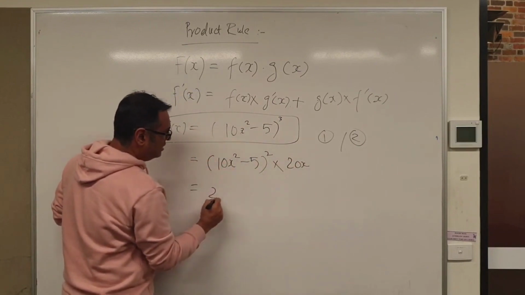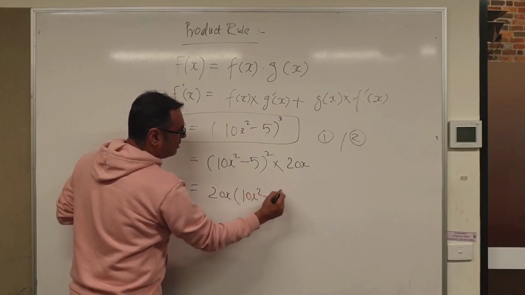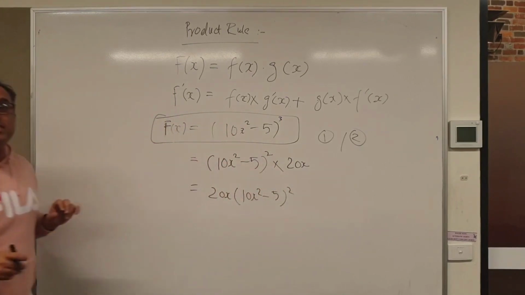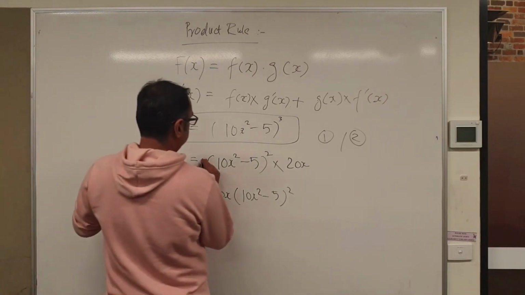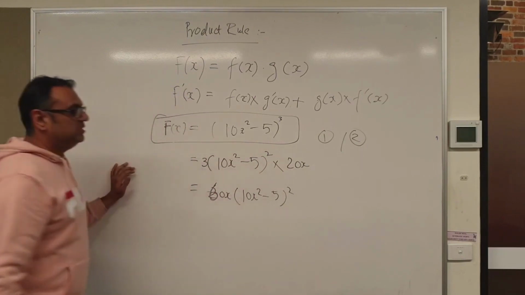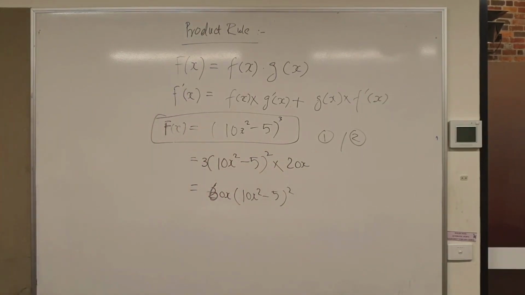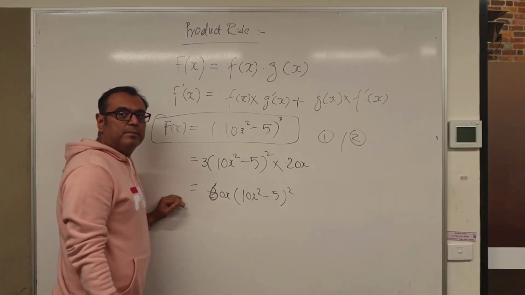So the final answer is 20x times 10x squared minus 5, whole squared. This is chain rule in just 2 steps. Sorry, mention the 3. So it's 60x, simple. If you write this answer straight away, you get full marks. Okay?